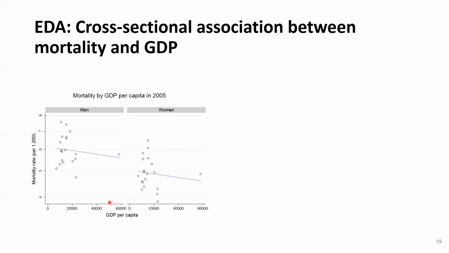And before we fit the regression model, we are going to assess the association visually. And this one shows association between mortality rate on vertical axis on log scale, and GDP per capita without any transformation. And what is a problem you see here?